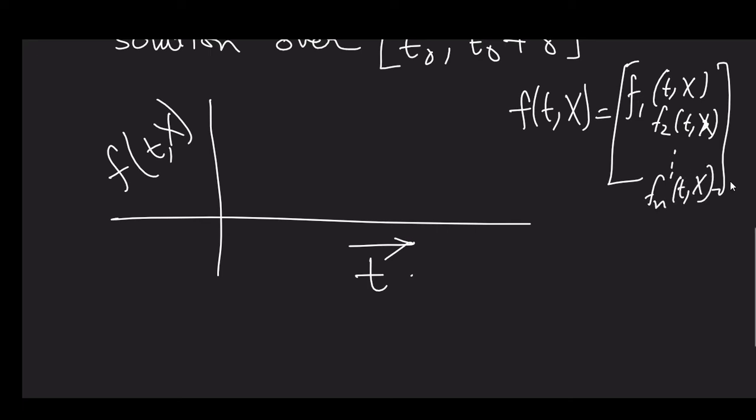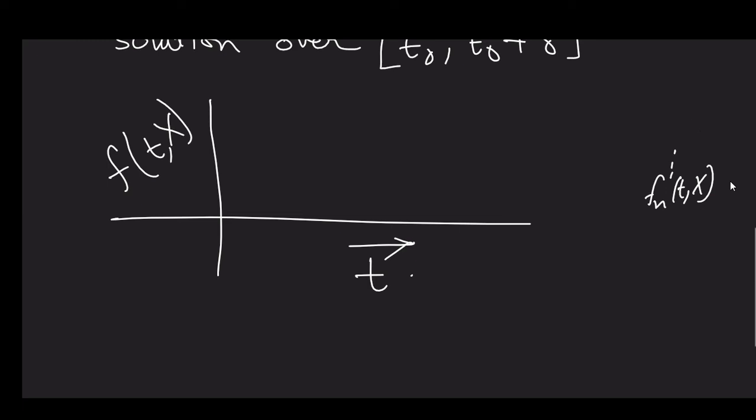But we consider any one of them to understand what is piecewise continuous. However, if it is an n-dimensional system, then all the n functions f1, f2, fn are piecewise continuous. How to draw the piecewise continuous variation?